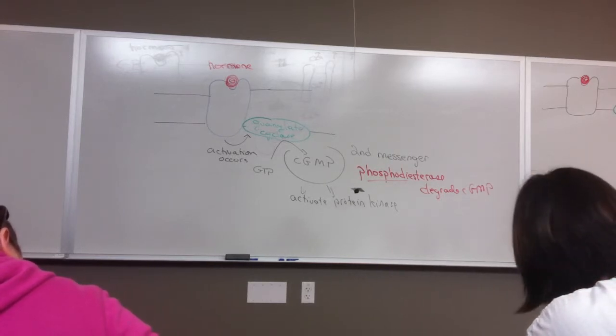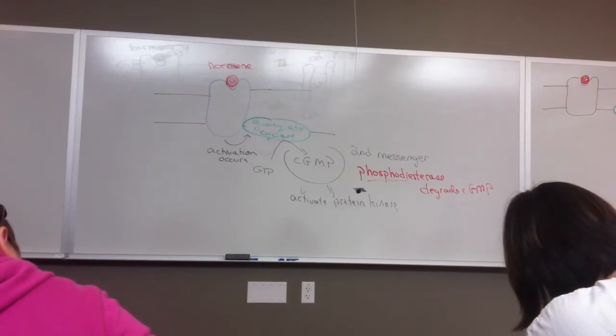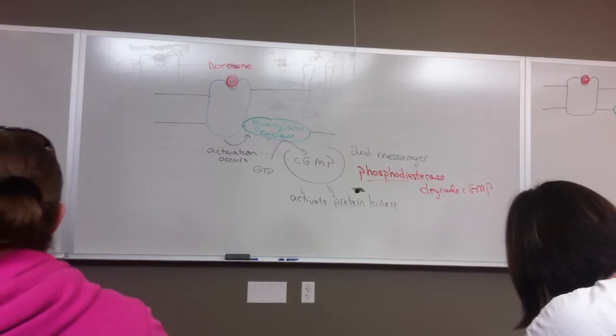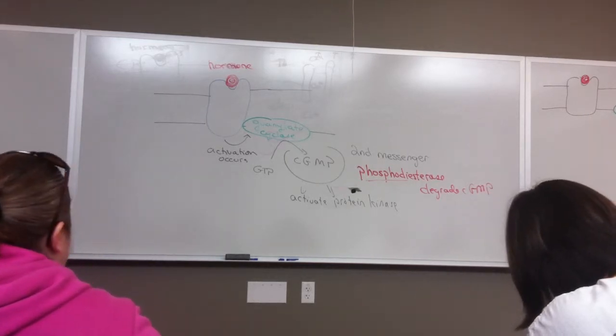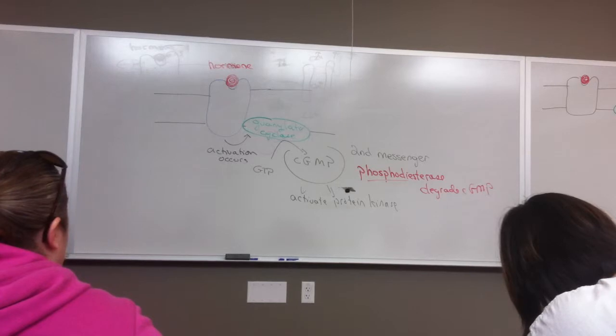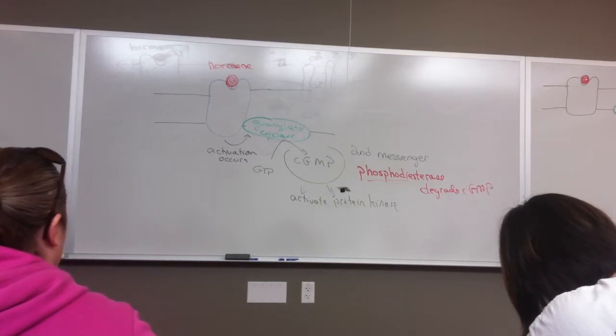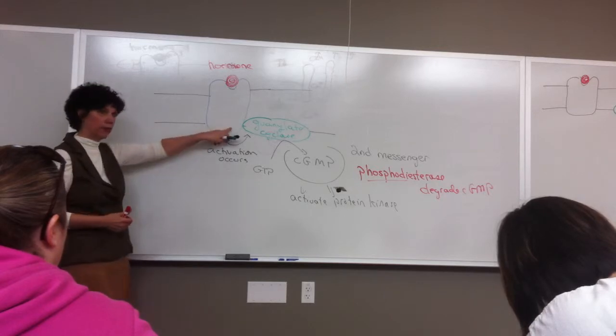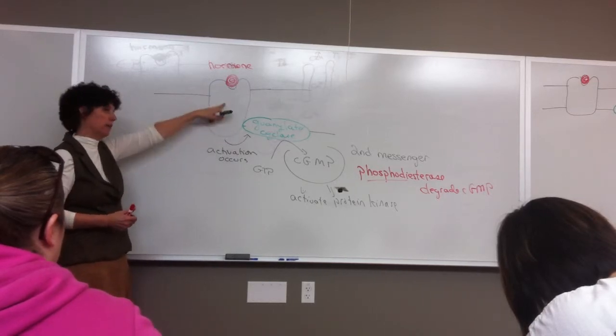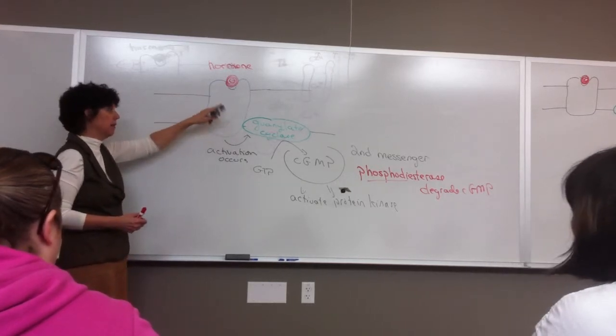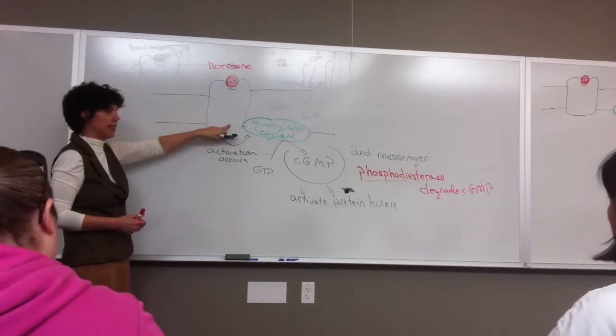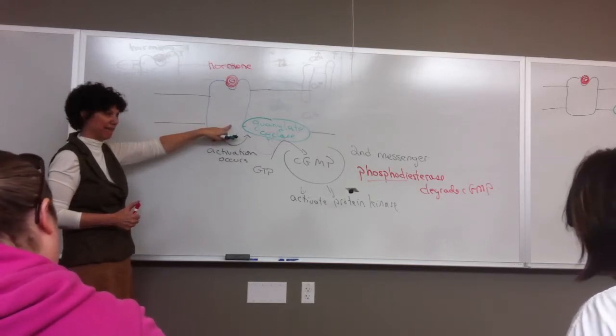Control. Loss of regulation. Increased chances that cyclic GMP might be produced when we don't want it to be produced. So first example of a pathway for a membrane-bound receptor that doesn't utilize a G protein.